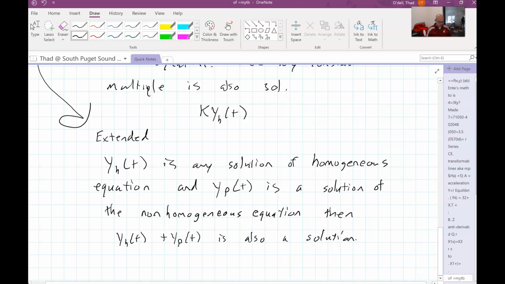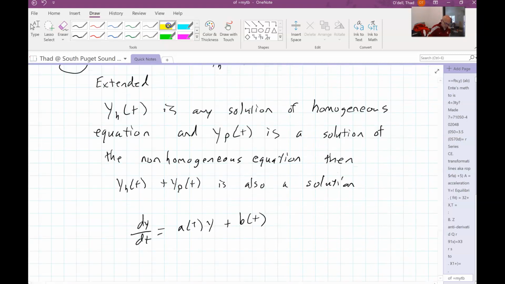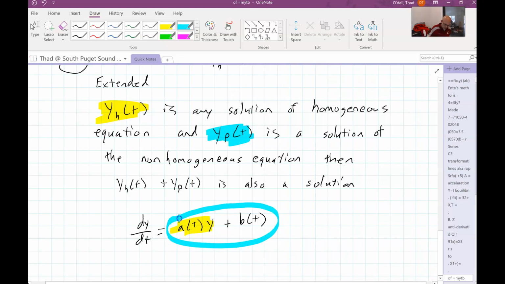So just to be clear, when I say y sub h of t is any solution of a homogeneous equation, or we could say the homogeneous part of a non-homogeneous equation, in other words, if I have an equation dy/dt equals a of t times y plus b of t, we're saying that this is a solution to just this part, and this is a solution to the whole thing.